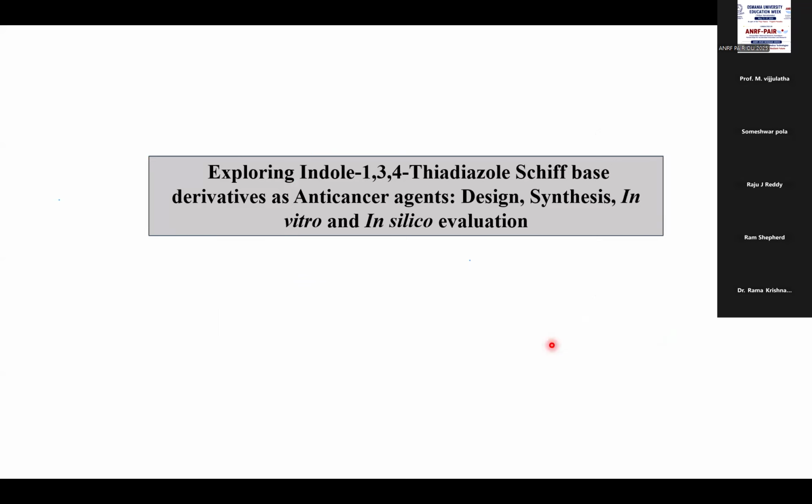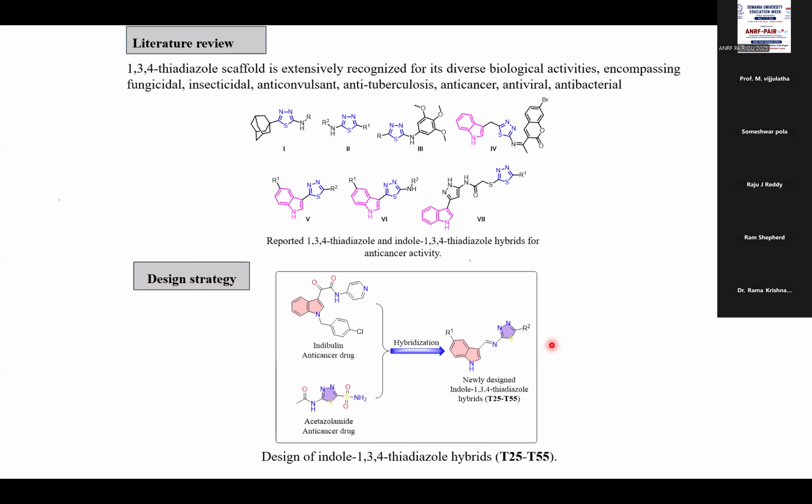And I'll just quickly go through one more, where we have taken indole 1,3,4-thiadiazole Schiff bases as anti-cancer agents. And here also we have looked for indole derivatives, how these, when clubbed with 1,3,4-thiadiazole scaffold, will they be acting as drug molecules?